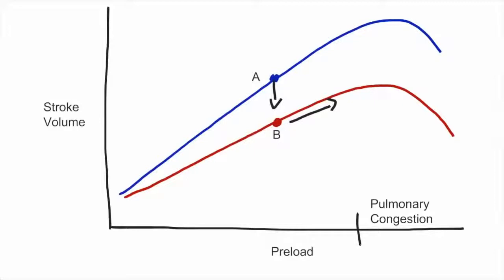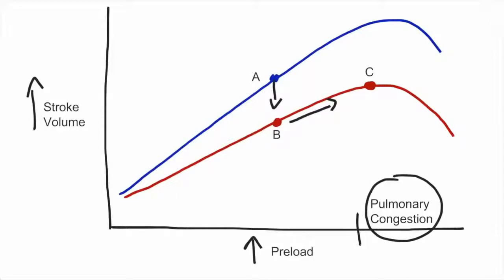This increase in preload leads to a shift from point B on the red curve to point C, thereby increasing stroke volume by increasing preload. So again, you increase preload and you increase stroke volume. However, this comes at the expense of elevated filling pressures and, as a result, pulmonary congestion.